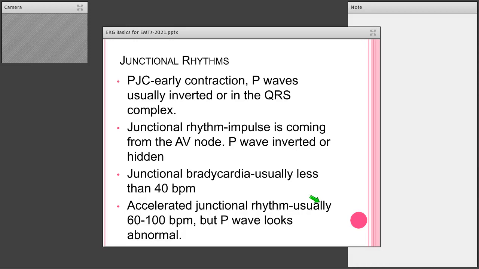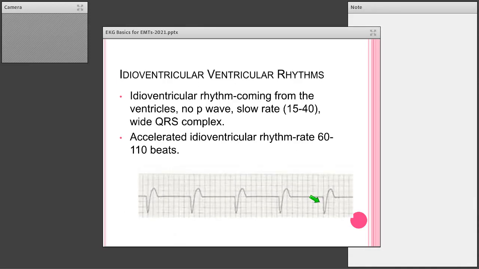So what's happening with this is the AV node is causing the ventricles to contract and then the atria to contract. So they're kind of not going in the right order, which is why it looks funny to us. And I don't have any pictures of junctional rhythms.